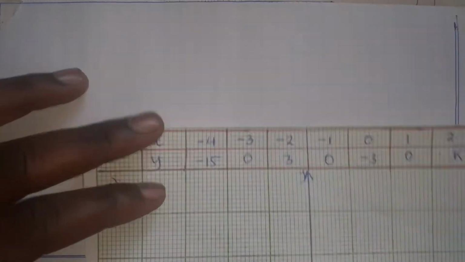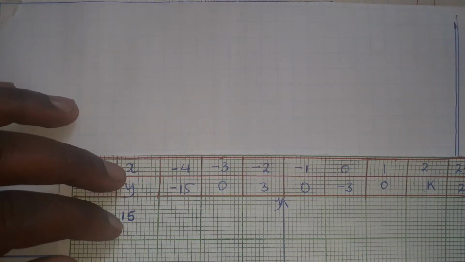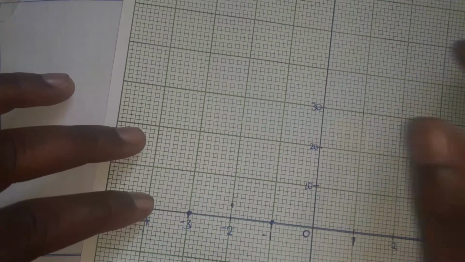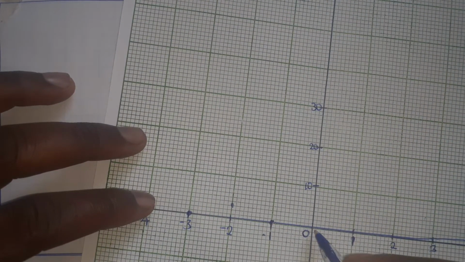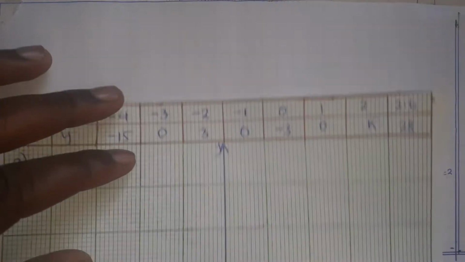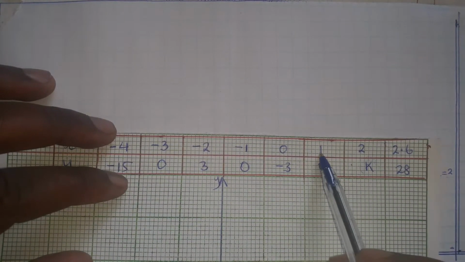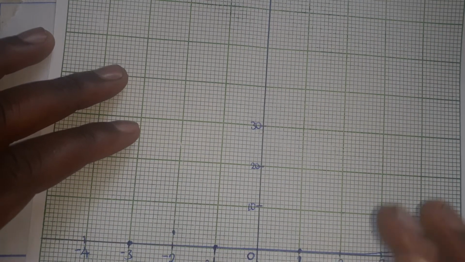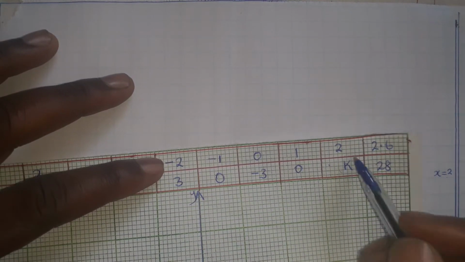Then we have 0, -3. This is our 0 here. So it will be 1, 2, 3. The point will be here. When we go to 1, 0, this is now positive 1, 0. We are there. Then 15, k.